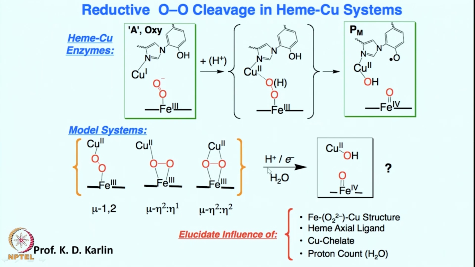What we are now missing is the proton and electron that can come from the phenol unit to give you iron 4 oxo and copper 2 hydroxo. If it is shown that this is what forms from these peroxo species, because these peroxo species are now very well characterized, right, then we get the iron 4 oxo and copper 2 hydroxo formation, which is nothing but water.